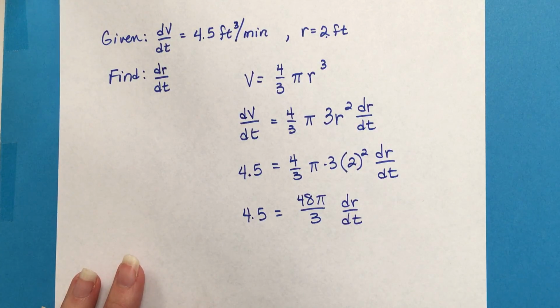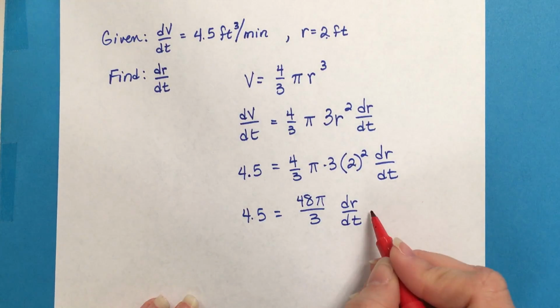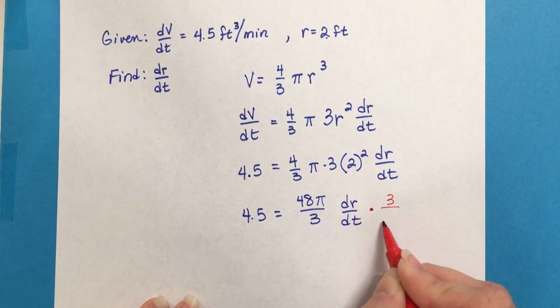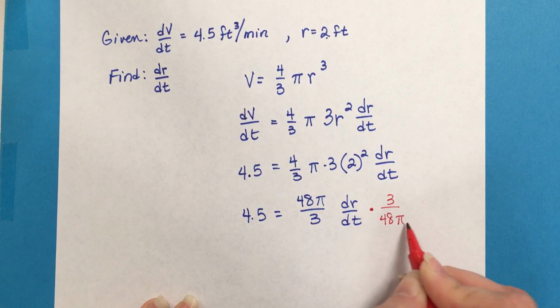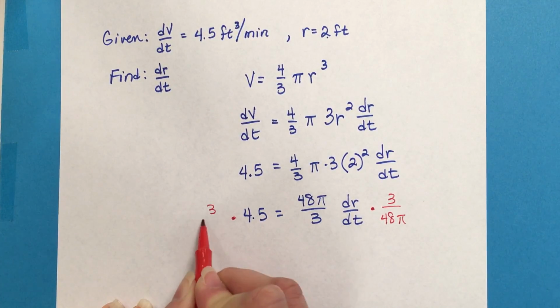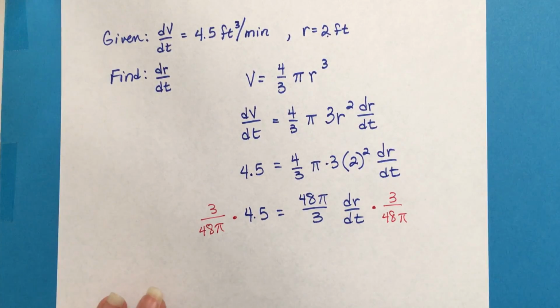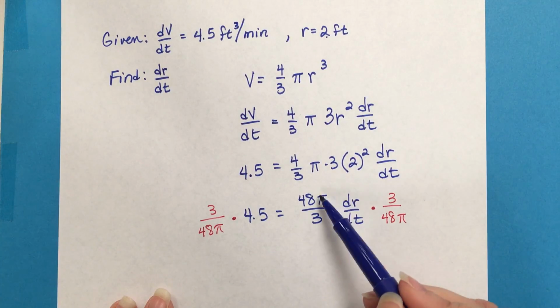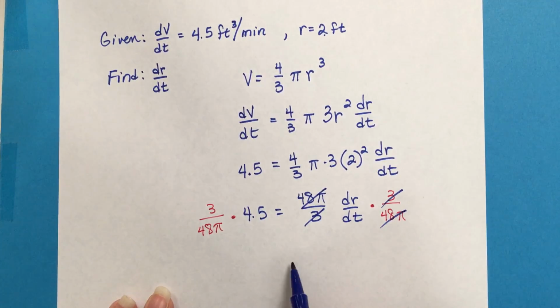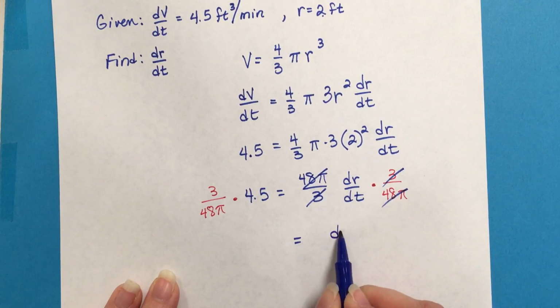Then if you want dr/dt by itself, let's multiply both sides by the reciprocal. And we'll go ahead and get a decimal approximation. Of course, all of this cancels, giving me dr/dt by itself.